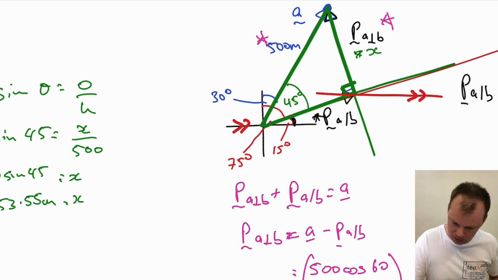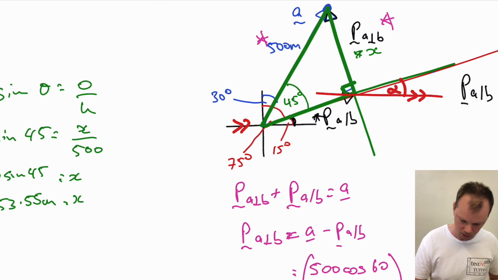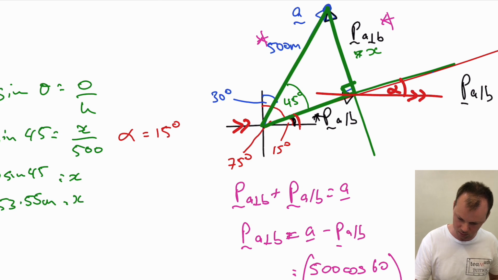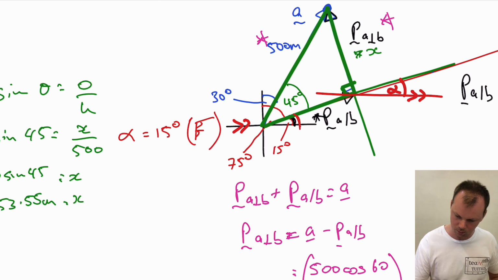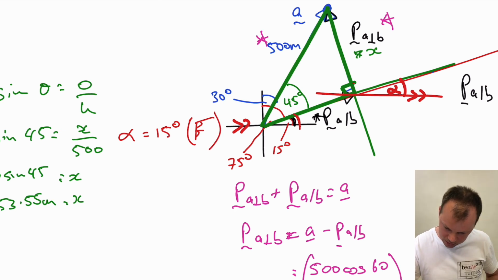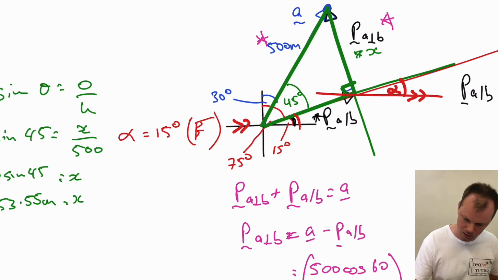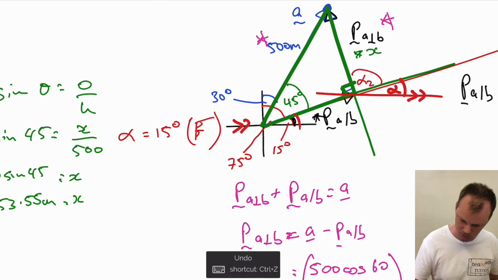So I know that this angle, let's call it alpha, equals 15 degrees. So it's the same as this one because of the F rule. We know this angle is a right angle because that's a straight line. So let's call that alpha 1, sorry, we haven't labeled there.